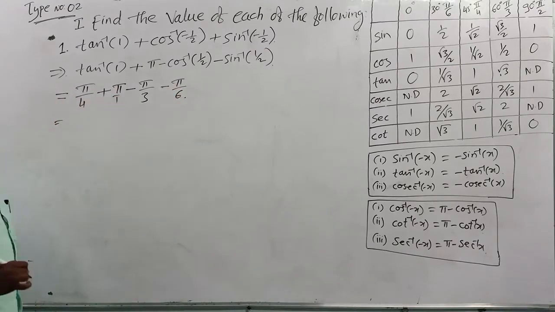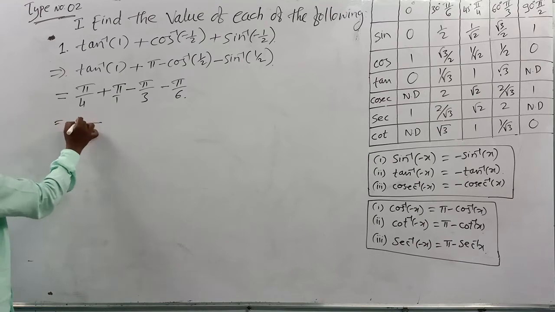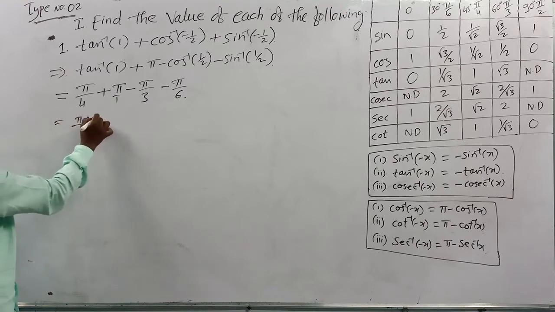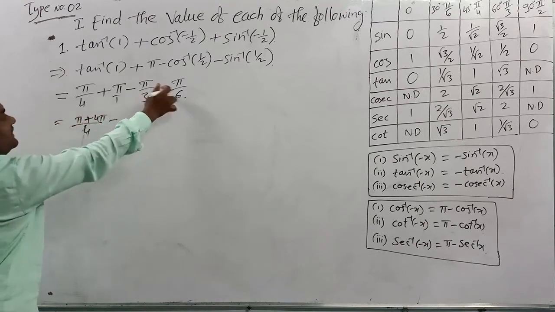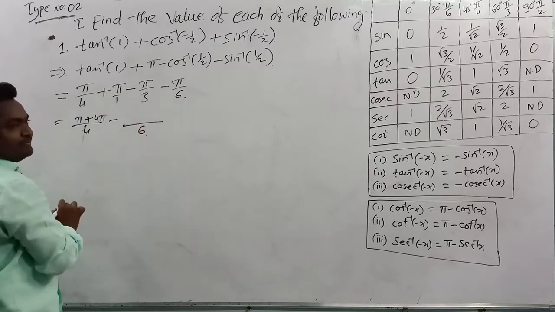Now the denominator is nothing, means 1. Take down the LCM in these two terms, 4 divide and multiply. We get pi plus 4 pi minus, take down the LCM here, 6 is our LCM.